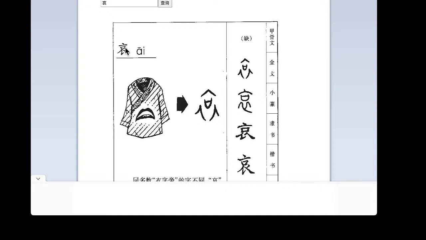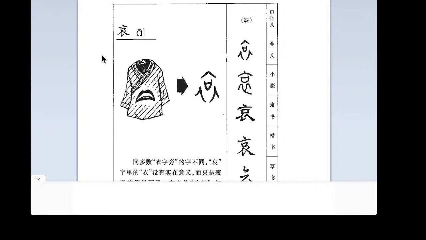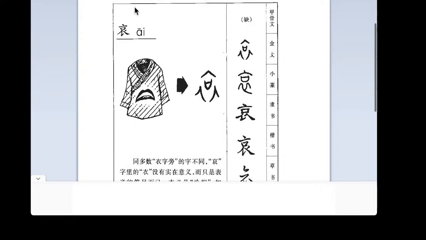In this character, the clothing doesn't have any particular meaning. It's just phonetic. It's for the sound. And the thing inserted in there is a mouth, a big open mouth, like a mouth for wailing. I guess if you think that the mouth in here represents wailing, and then the e character represents the e sound, and you put them together and you get ai, something like that.